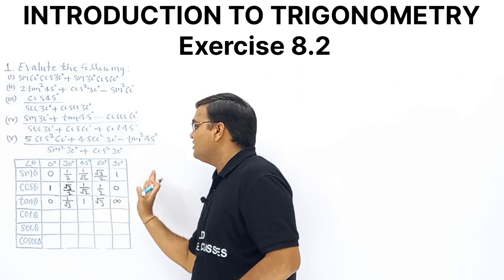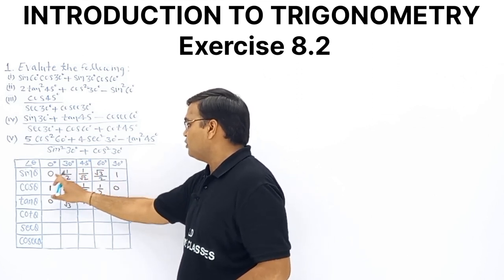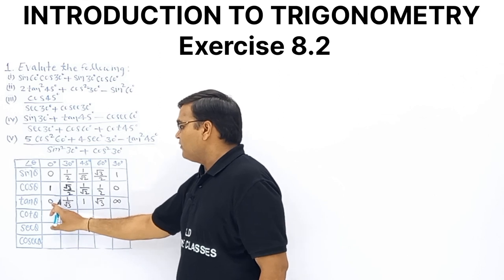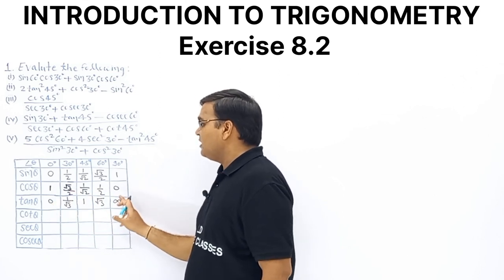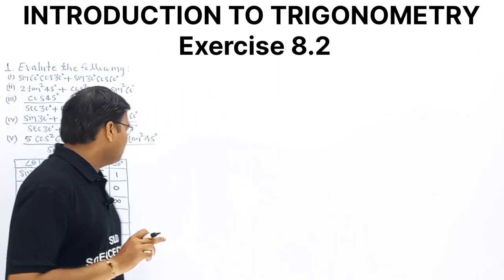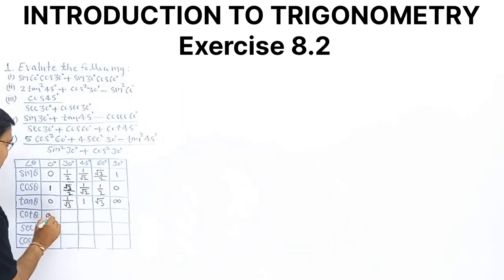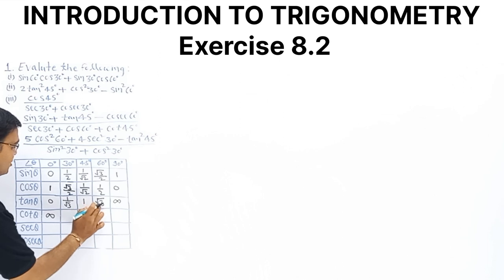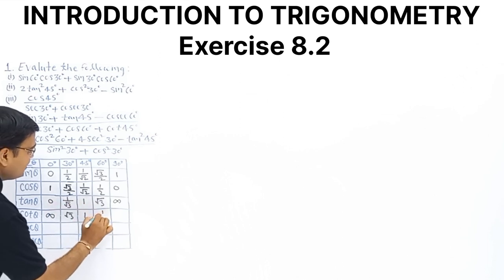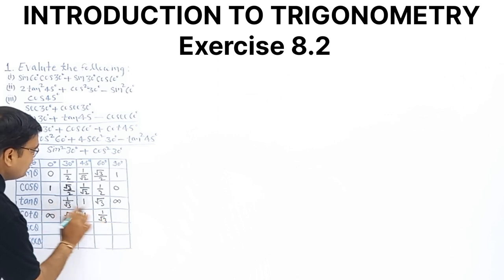When we reverse it, we get infinity to 0. So cot theta will be infinity, then this value, this value, this value, and this one.